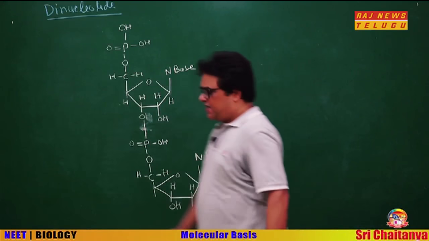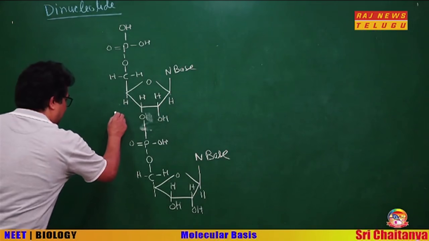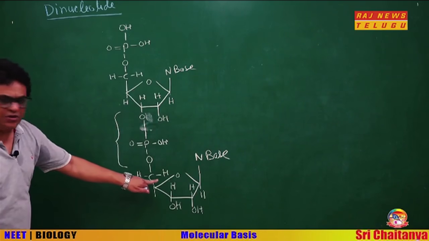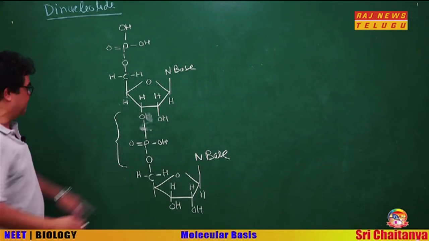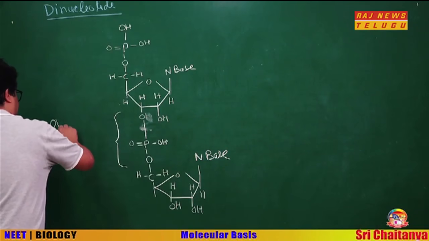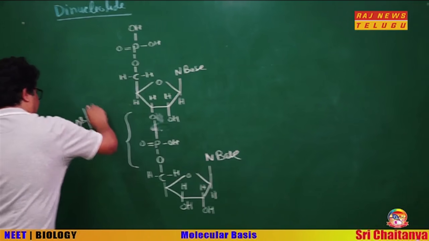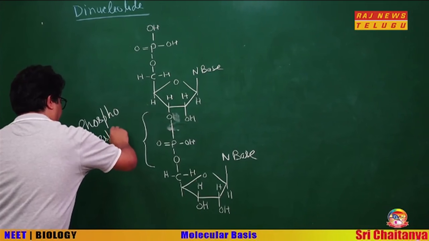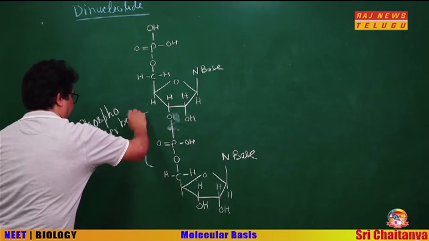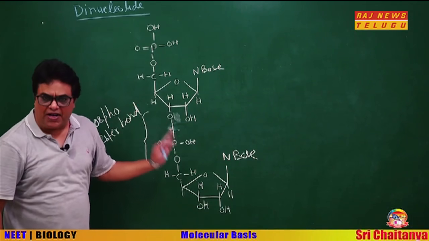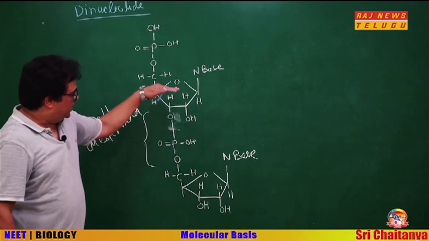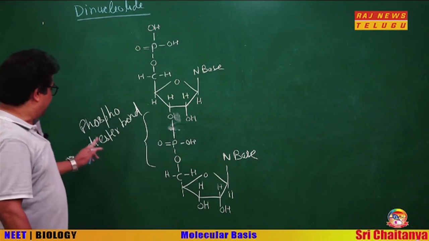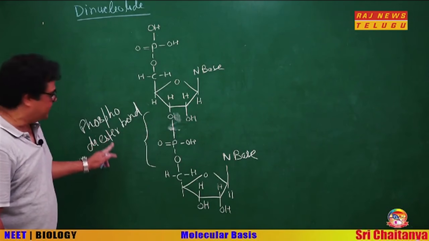So if you see, this is the bond between two nucleotides, and it is involving two ester bonds. That is why it is called a phosphodiester bond. It means in a polynucleotide, the adjacent nucleotides are attached to each other through a phosphodiester bond.